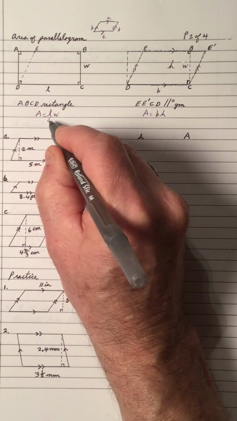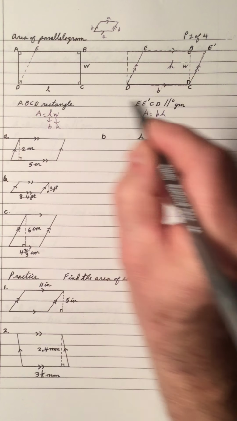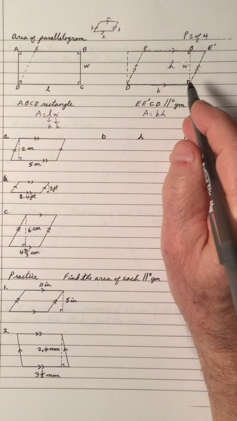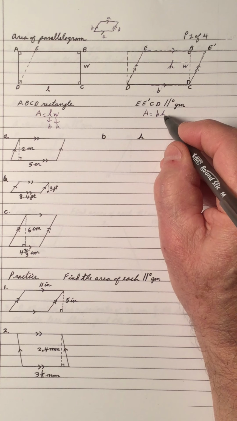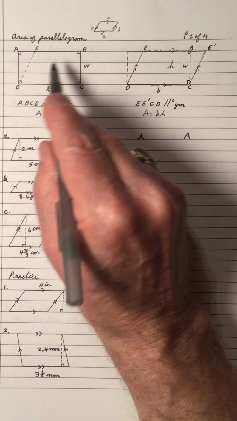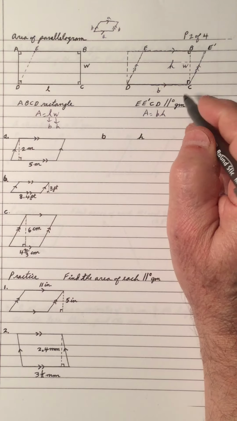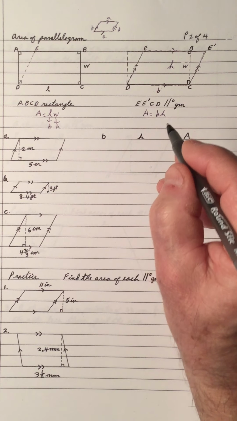So the length is replaced by the base and the width is replaced by the height. For any parallelogram, the area is base times height. Very similar to the rectangle, length times width, only in a rectangle we have right angles.